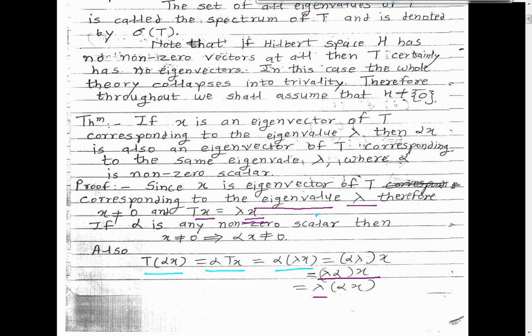Thus we have T of alpha x equals lambda times alpha x. Thus any scalar multiple of an eigenvector is again an eigenvector.